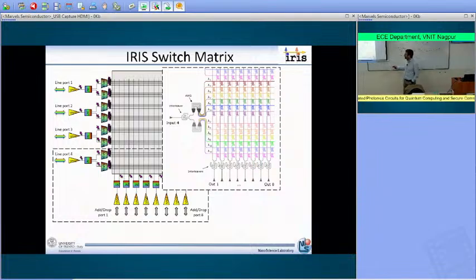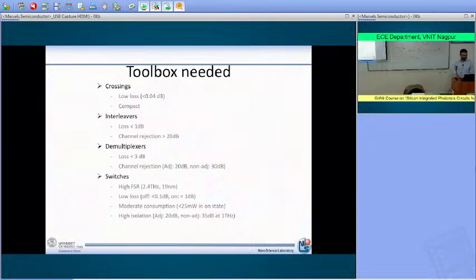You see here that at this point we have a crossing between a wavelength and another wavelength. So in the matrix we have many of those crossings where two wavelengths cross. And so we need to understand what is happening to the light signal at those crossings. Okay? So these are the toolbox components that we have to be able to implement in this integrated circuit.